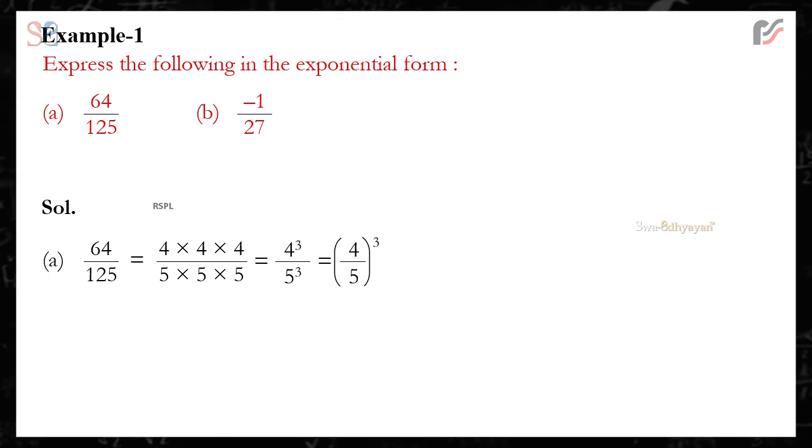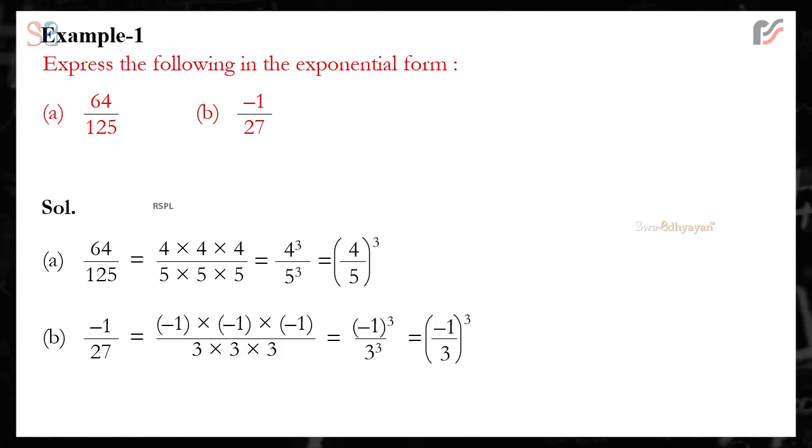A. 64/125 is equal to (4×4×4)/(5×5×5), which is equal to 4^3/5^3, which is equal to (4/5)^3. B. -1/27 is equal to ((-1)×(-1)×(-1))/(3×3×3), which is equal to (-1)^3/3^3, which is equal to (-1/3)^3.